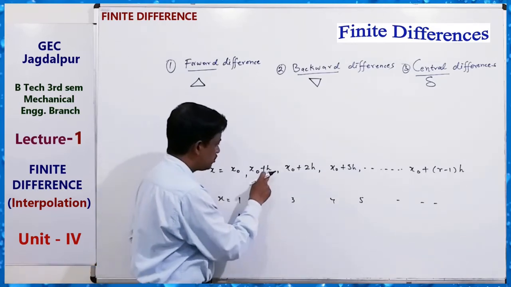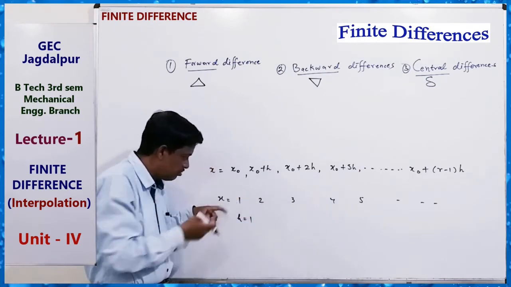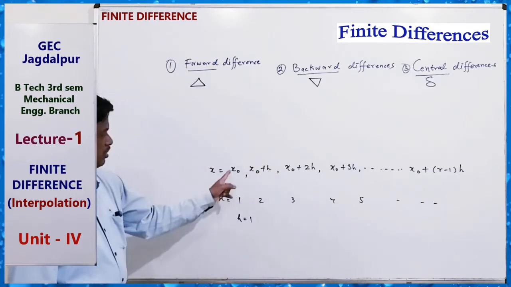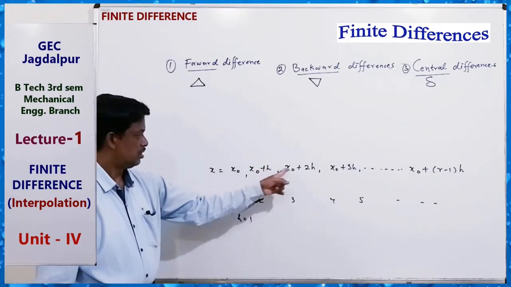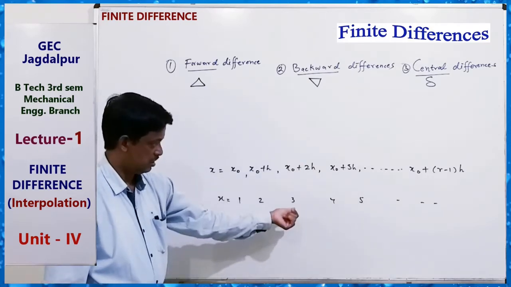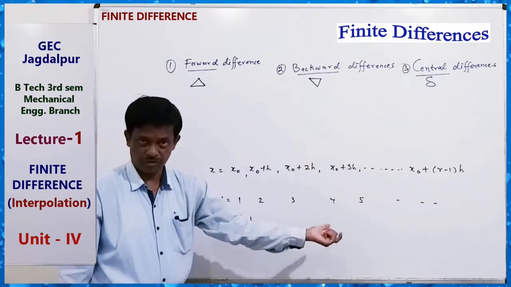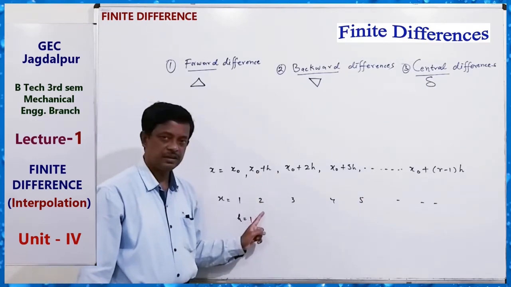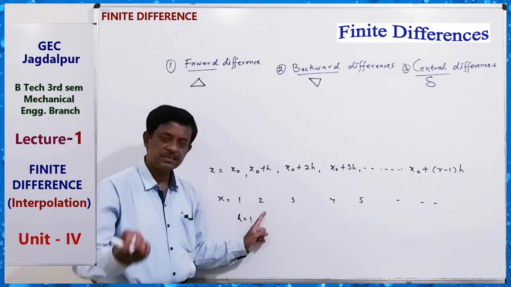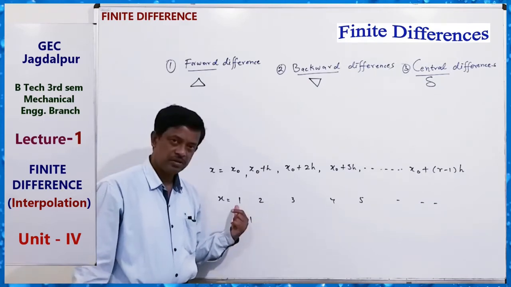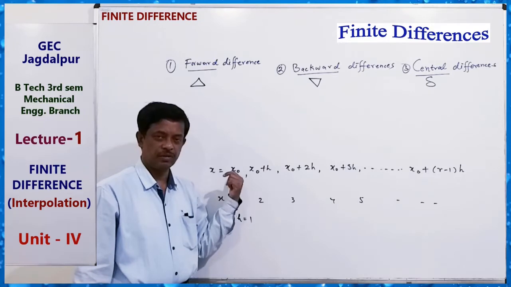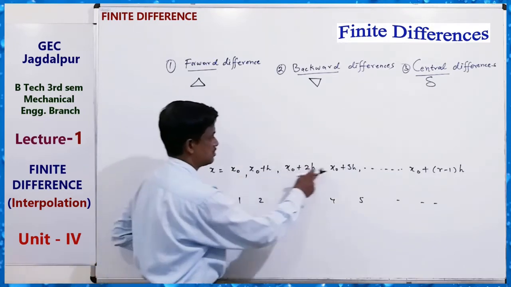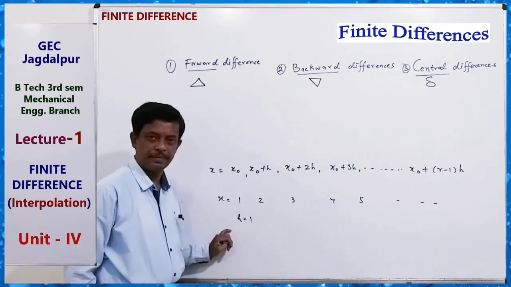For these particular values h equals 1, because just you can see 1 plus 1 is 2, 1 plus 2 into 1 is 3, 1 plus 3 into 1 is 4, so h equals 1. So these values are given at equal interval of differencing 1, starting from x0, the first value of x. This type of interval we can say like this, clear?